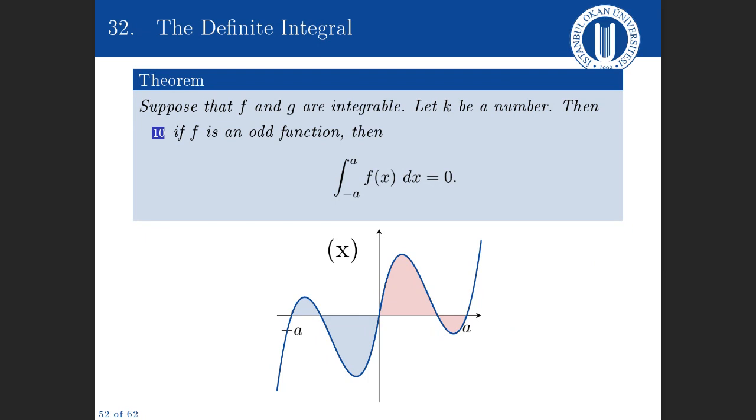But if we can do that, then if we have an odd function, that means every time we have a positive area, we'll also have a negative area. And positive plus negative is equal to 0. Again, positive here plus negative is equal to 0.